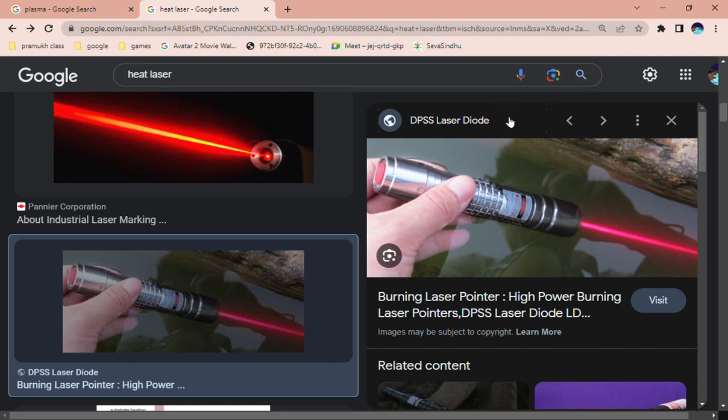Now, let's check how much money it might cost. Guys, heat laser, probably some $20,000, because it's actually very expensive. Now, because it's a miniature one, let's take it to $21,000.